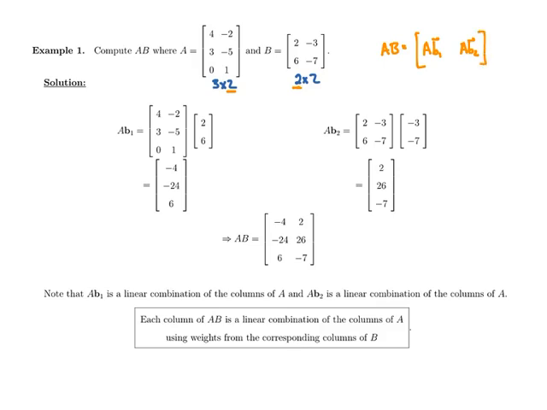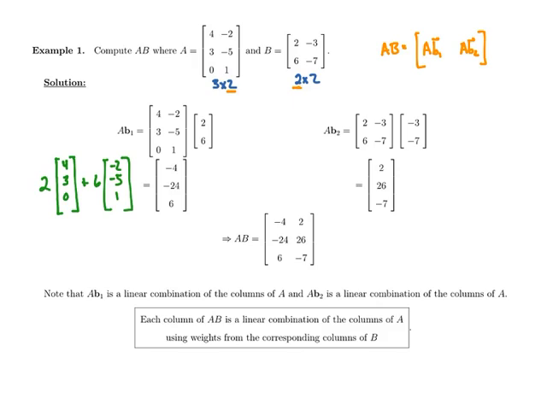We have Ab1 is going to be the matrix A as a whole times that first column of B, 2, 6. And to do that, we know we can do a linear combination of the columns of A. This is going to be 4, 3, 0, that column of A times 2, plus 6 times -2, -5, 1.